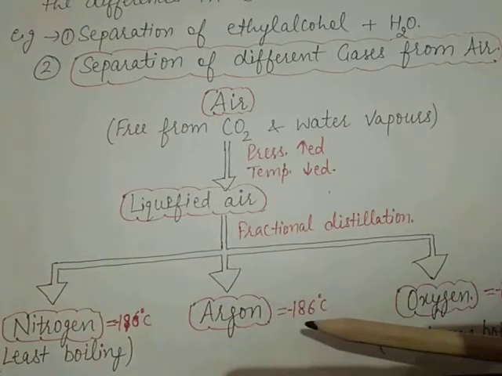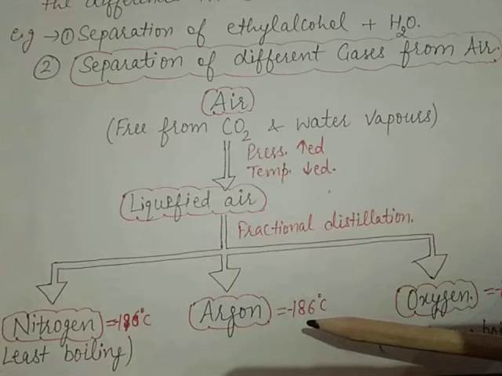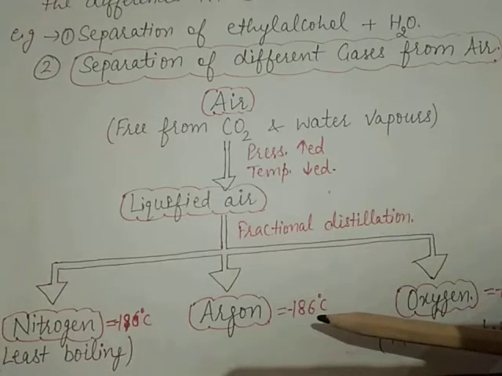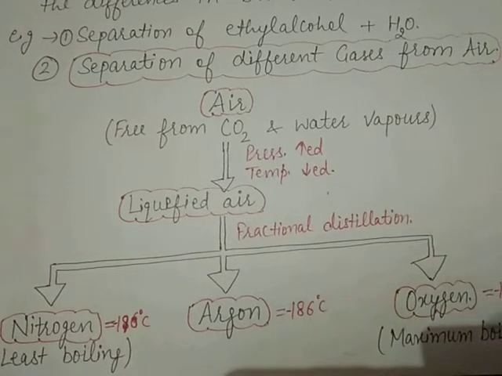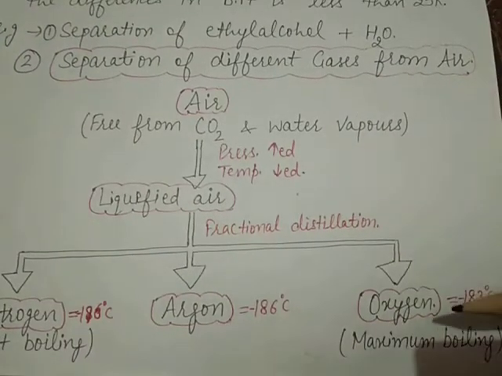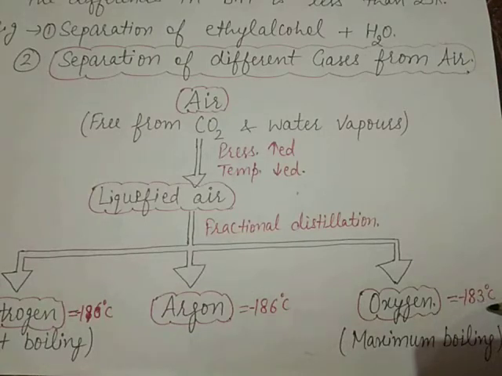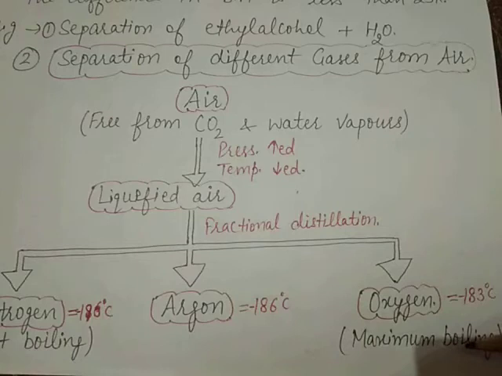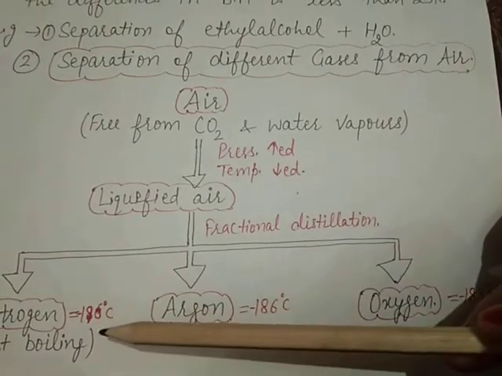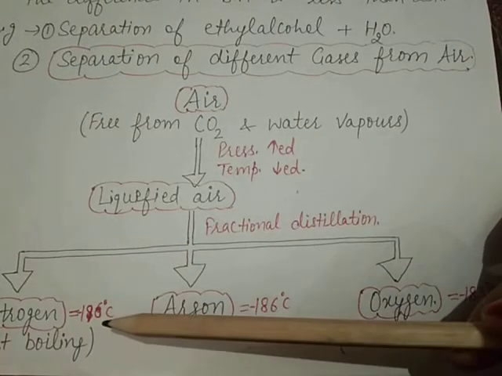Argon has a boiling point of minus 186 degrees Celsius. And oxygen has a boiling point of minus 183 degrees Celsius. This is the maximum boiling point, for oxygen, and the least boiling point is of nitrogen.